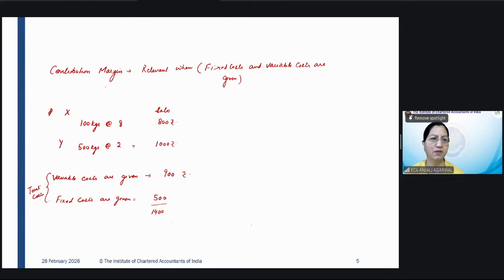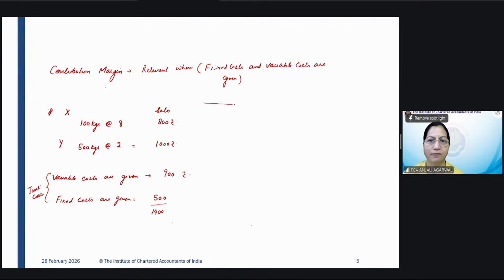Because the joint costs are segregated into variable cost and fixed cost separately, we will try to find out the variable cost per kg. And we will find out what is the contribution.